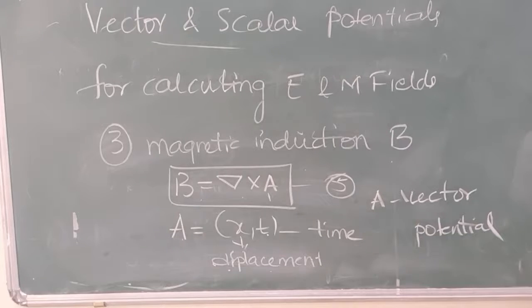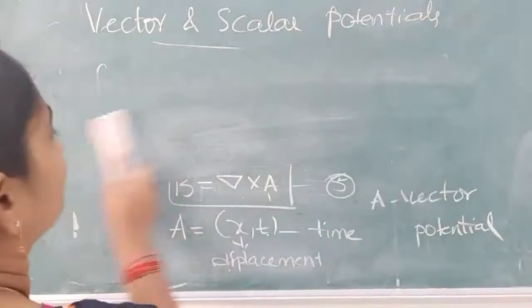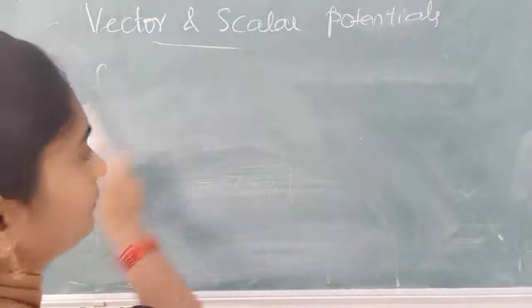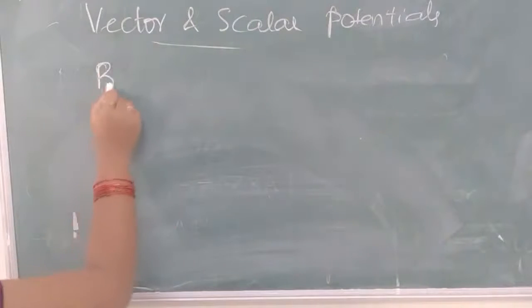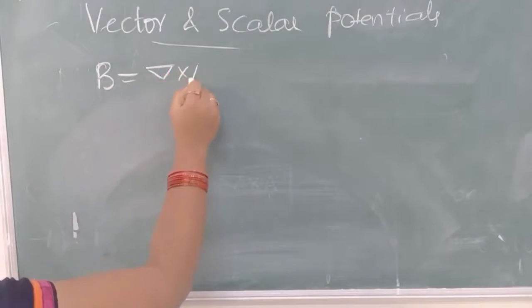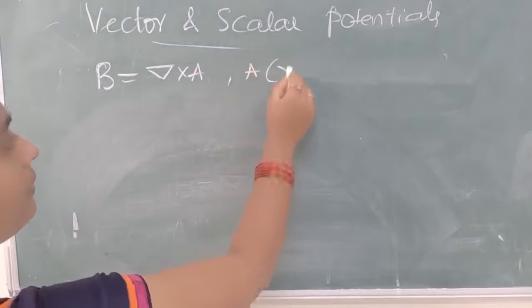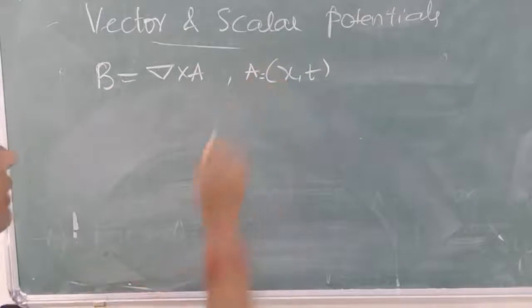Now we got B is equal to del cross A, and A is equal to A of x comma t.